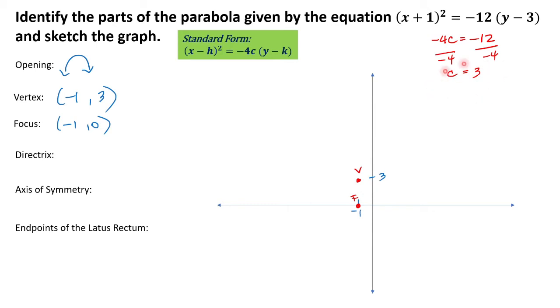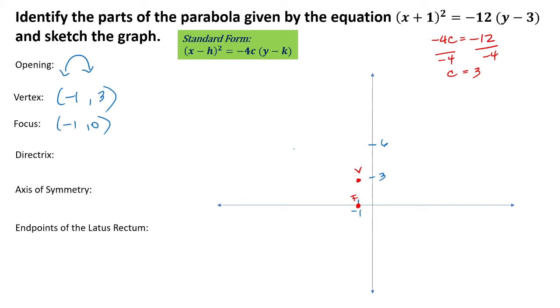Again, since c is equal to 3, then this distance must be equal to 3. For the directrix, we would be needing the same distance, which is 3. So if the focus is 3 units south of our vertex, the directrix would be 3 units above the vertex. So that would be at 6.